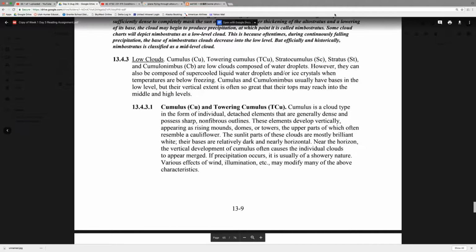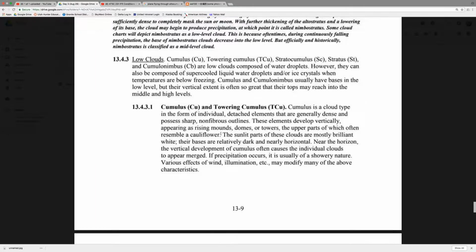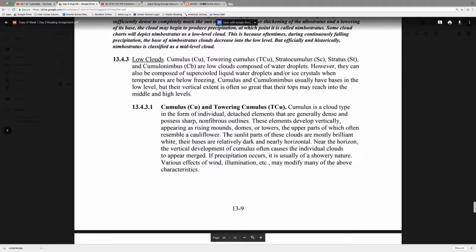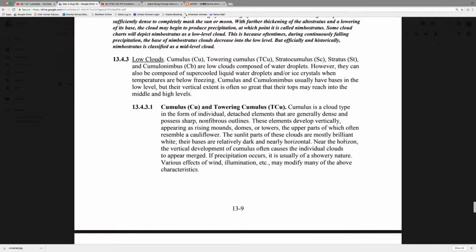So the cumulus and towering cumulonimbus, or towering cumulus clouds. Like it says here, appears as rising mounds, domes, or towers. The upper parts, which often resemble cauliflower, sunlit parts of these clouds are most brilliant white, and their bases are typically relatively dark and nearly horizontal.